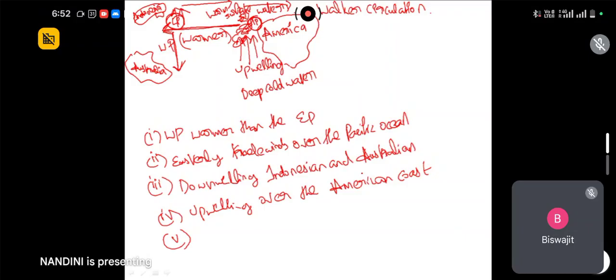Downwelling, and basically a high pressure region is there over the Eastern Pacific, and the low pressure region is found over the Western Pacific.